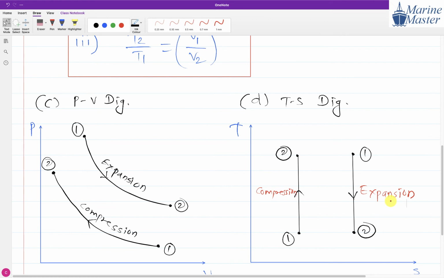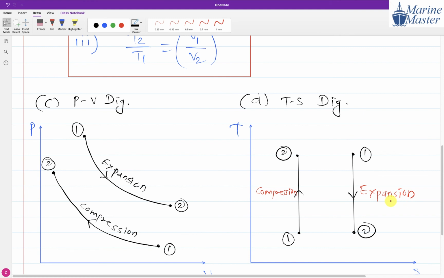In thermodynamics, a few things are very straightforward. First, heat transfer is energy transfer due to temperature difference. Temperature is a property of the system. It depends on internal energy. More internal energy means more temperature, so temperature is a measure of hotness or coldness.